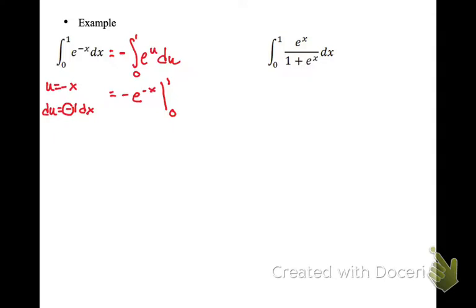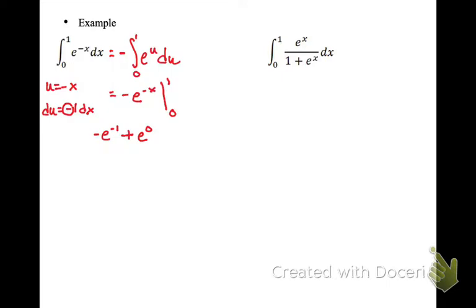So if I plug in 1, I get negative e to the negative 1 minus negative e to the 0. I don't know why I put 2 e's. It would just be addition though, right? Isn't it subtraction when we find the area under the curve? Yeah, but there's a negative e. Oh, yes, thank you, because I forgot my negative.